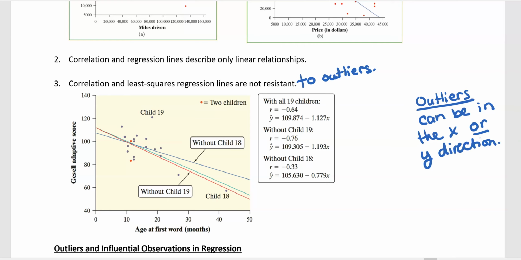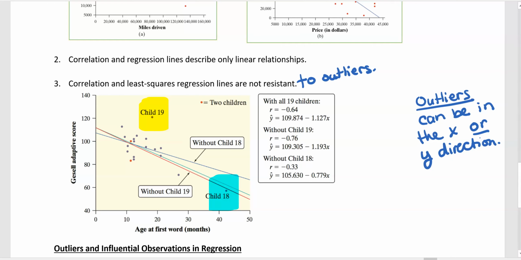If we look at child 19, the one up there, child 19 is an outlier in the y direction. Its x is normal. The x value seems to fit all the other points. It's in the same area, but it's way taller than the rest of them. So that would be an outlier in the y direction.